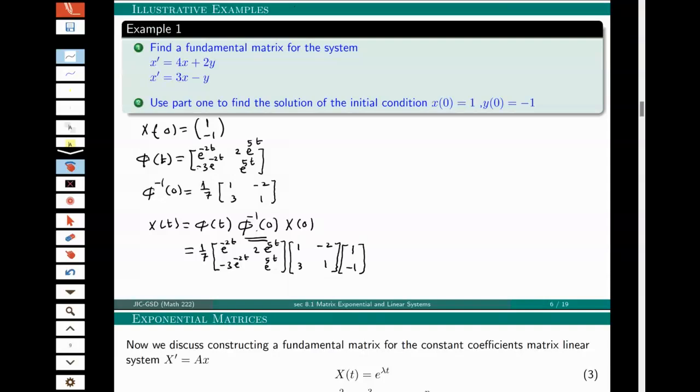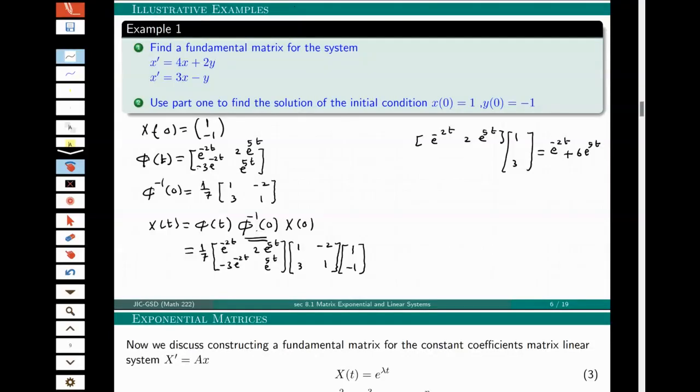When we multiply this, I'll leave 1 over 7 for the end. The first row, e to the power minus 2t and 2e to the power 5t, multiplied with the first column, which is 1 and 3, gives e raised to the power minus 2t plus 6e to the power 5t.